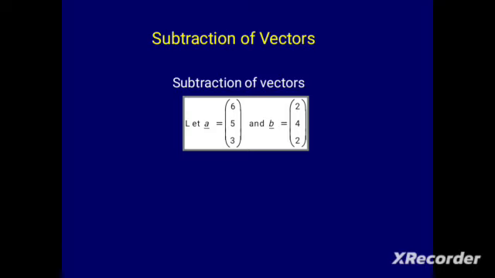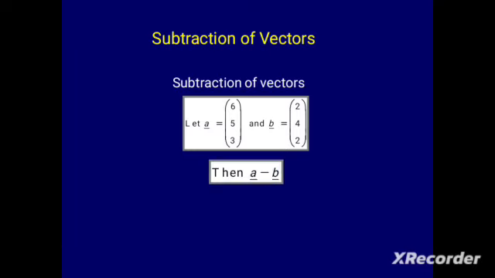So on the other part, on subtraction of vectors. In this part we are going to let vector A be (6, 5, 3) and vector B be (2, 4, 2).